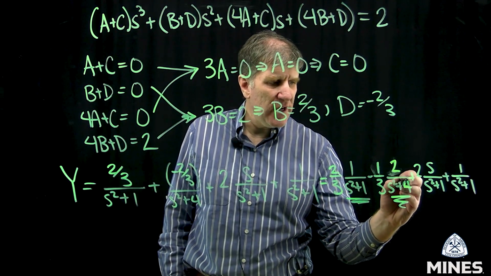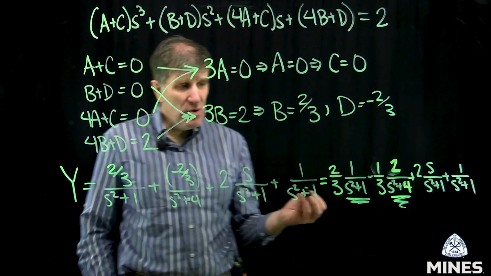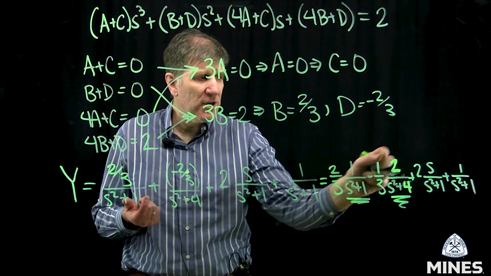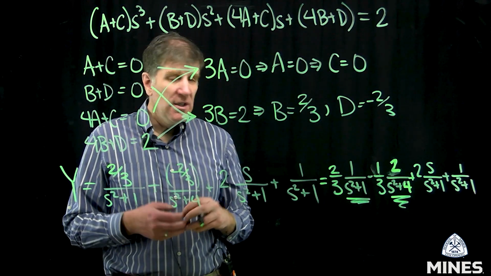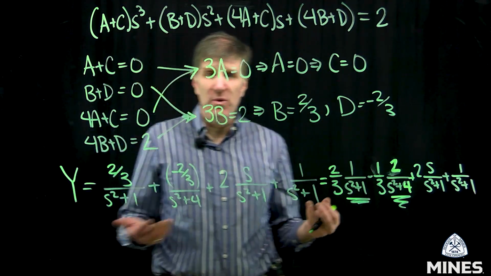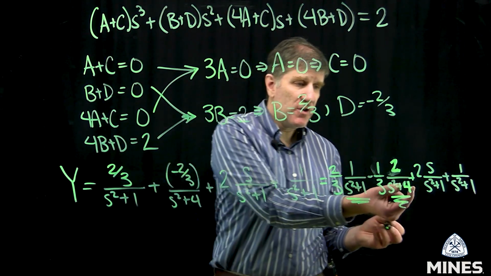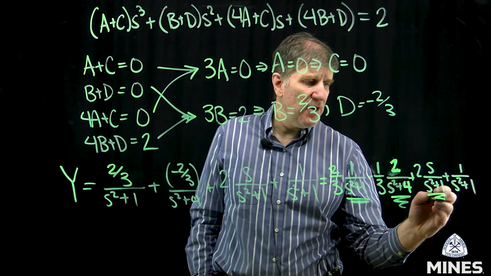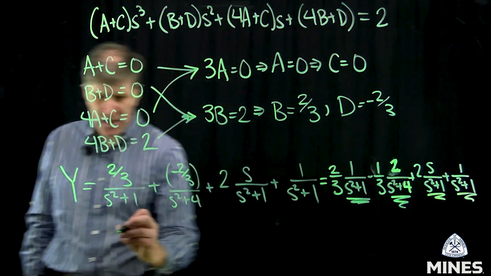If I have a 4 down here, I have to have a 2 upstairs. And I can do that. Instead of pulling out the full 2/3, I just pulled out the 1/3 and left the 2 so that I have a 2 to go with that 4. That has to happen in order to be compatible with the table. The table had an a and an a squared. So if there's a 4 here, there's got to be a 2 in the numerator. So this is ready right off the table. All of these are lines 13 and 14 in the table.